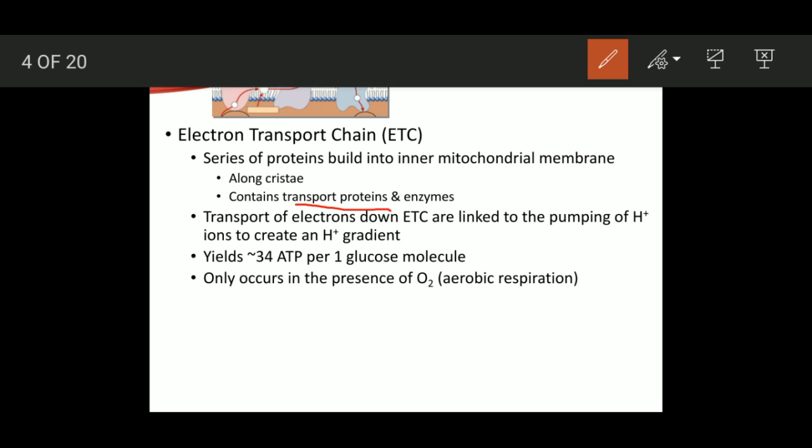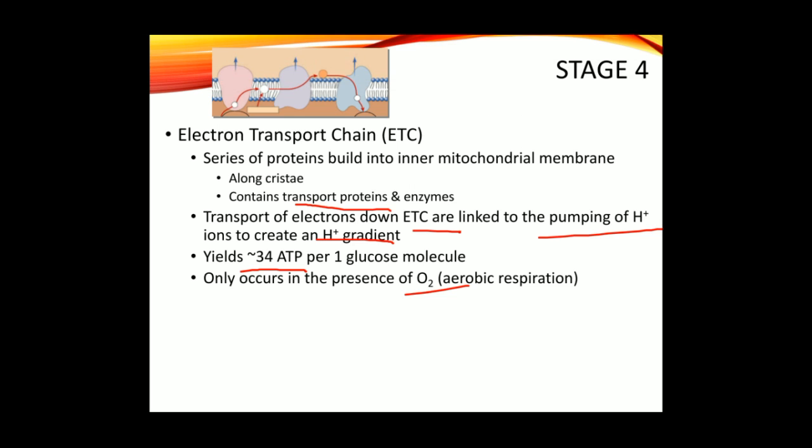The transport of electrons down the ETC is linked to the pumping of H plus ions to create an H plus gradient. It yields nearly 34 ATP from one glucose molecule and only occurs in the presence of oxygen, because it is aerobic respiration, as you can clearly see the oxygen.